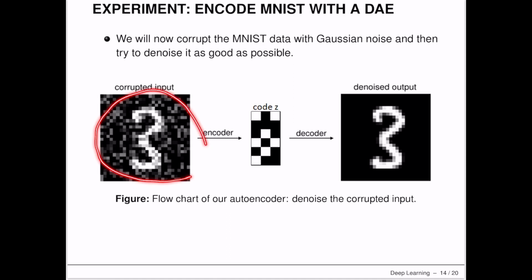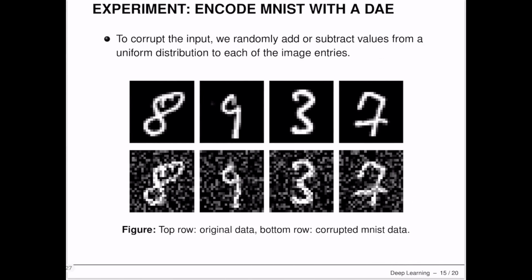So this is a corrupted version of an MNIST data point where we added Gaussian noise. Here again we see original images and the same images with Gaussian noise.